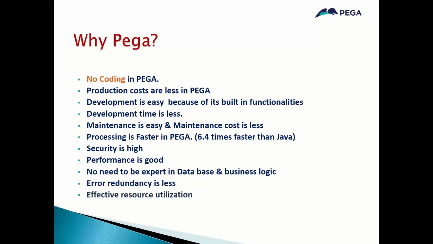Whether coding is there or not, they only look at whether the requirement given is correctly implemented, which is the final thing for the client. So no coding is an advantage only for developers.